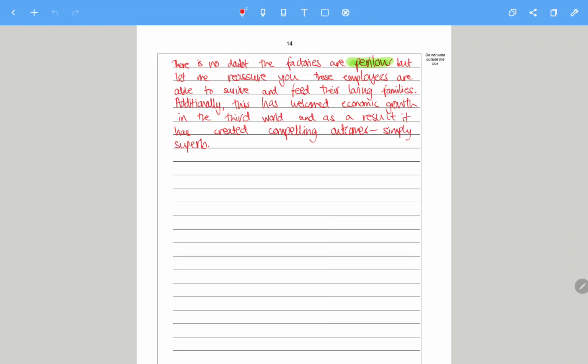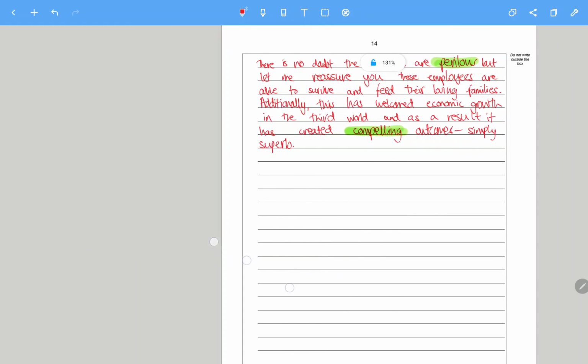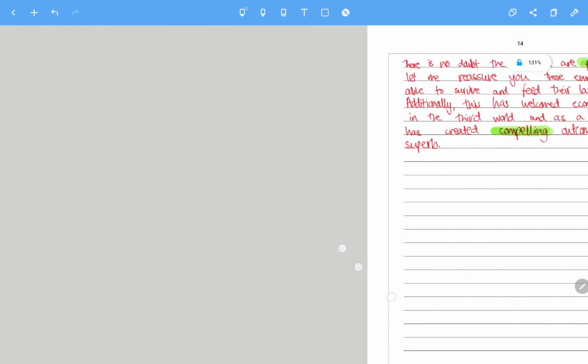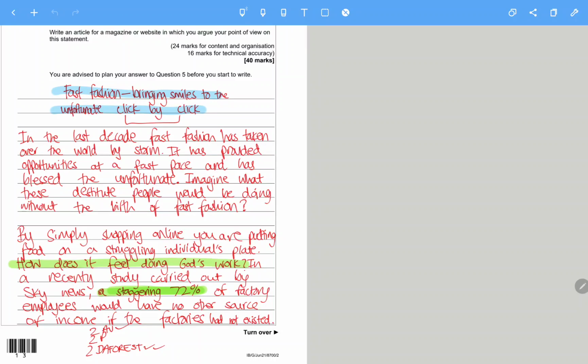There's no doubt the factories are perilous, but let me reassure you, these employees are able to survive and feed their loving families. Additionally, this has welcomed economic growth in the third world. And as a result, it has created compelling outcomes. Okay, so I would say compelling here is an example of ambitious vocabulary. So if I go back to our checklist, this for sure is an example of using ambitious vocabulary. So I can tick this off.